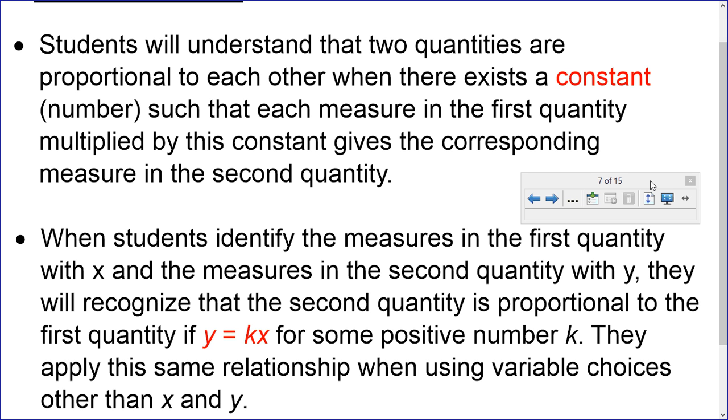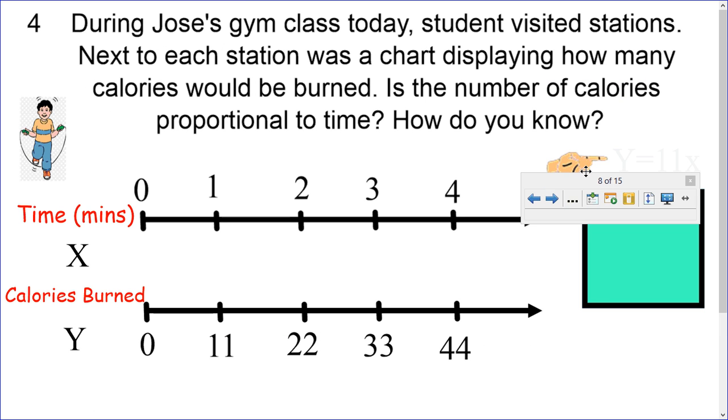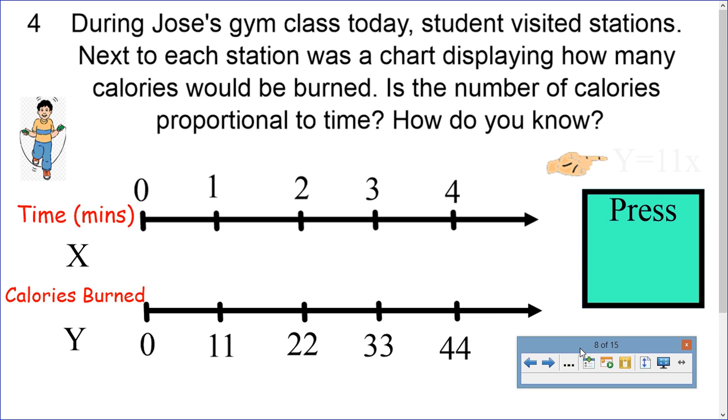There's a formula we're going to talk about a little bit later in our next video: y equals kx for some positive number k. They apply the same relationship when using variable choices other than x and y. So we want to use other letters besides x and y, so we don't want to just get wrapped up in those letters specifically. So let's take a look at our first example.